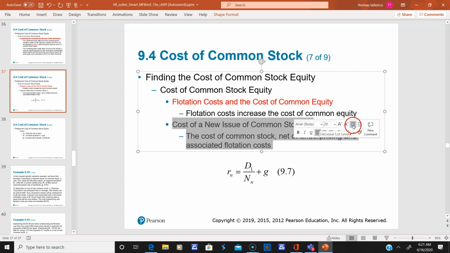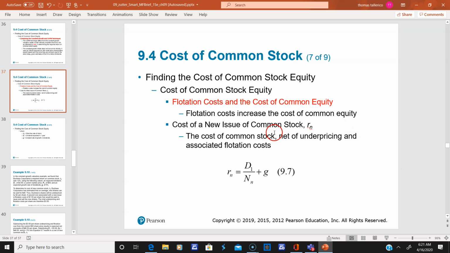I'm having some problems this morning trying to get the highlighter to work. But remember, this is a new issue.